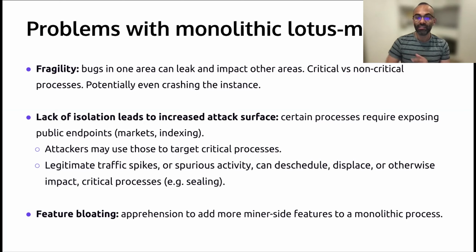This lack of isolation also leads to an increased attack surface, because we've got processes that require public endpoints, and attackers can use those public endpoints to attack the critical processes that don't require public endpoints, or are fronted by another process that does the public interfacing with the network, like the Lotus daemon.